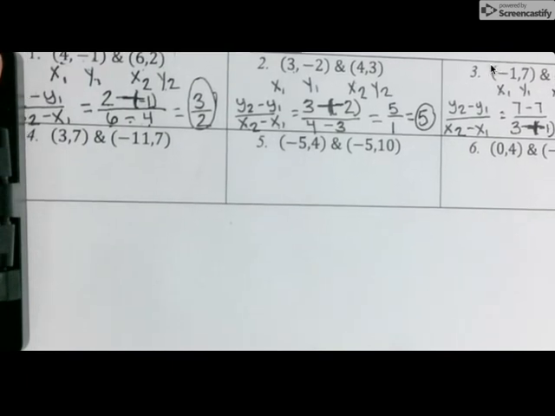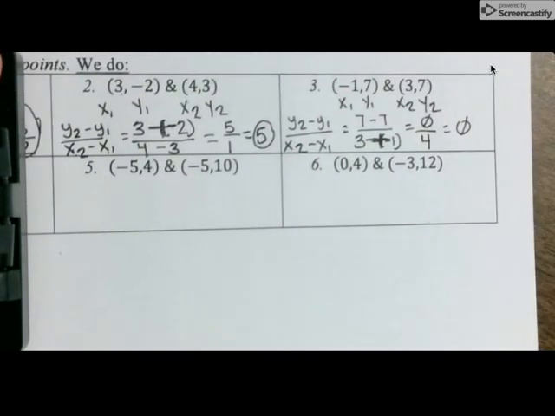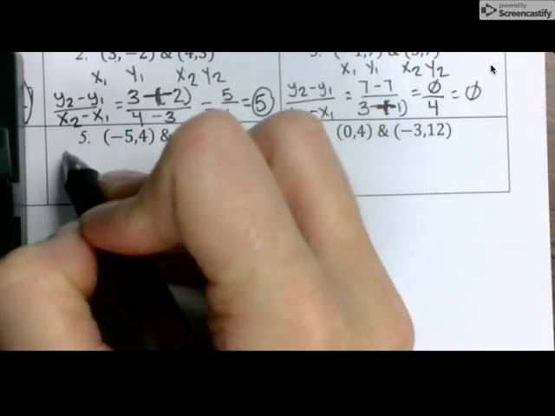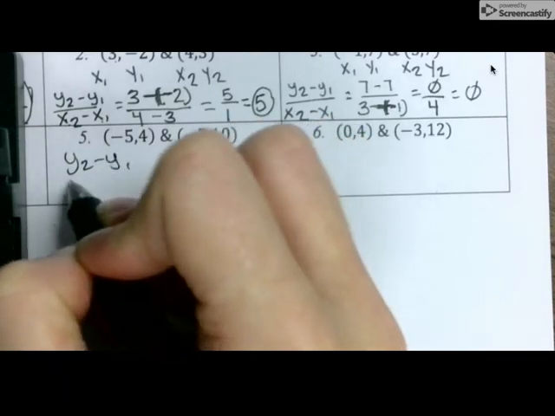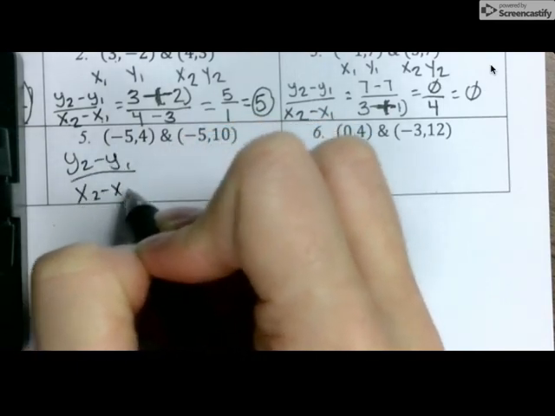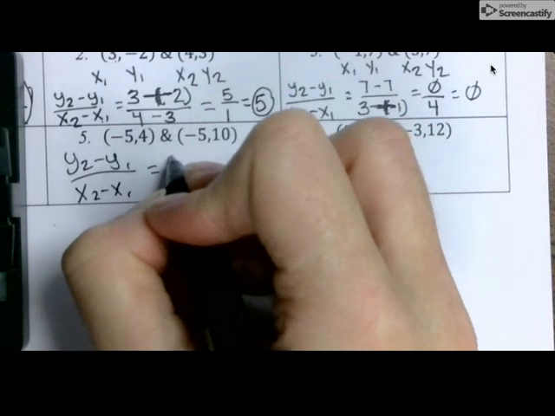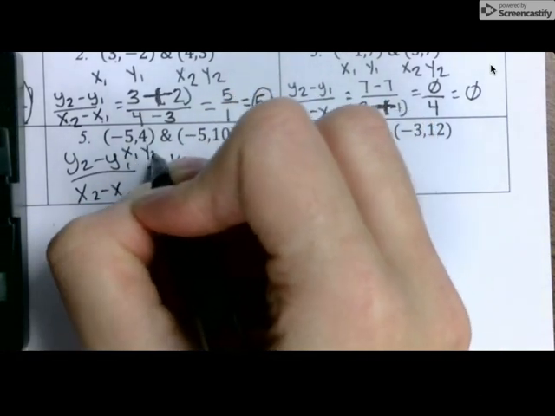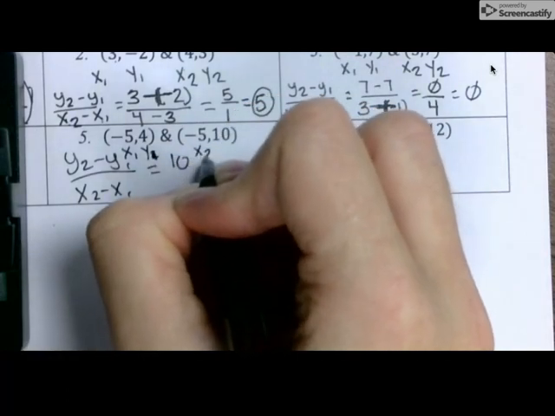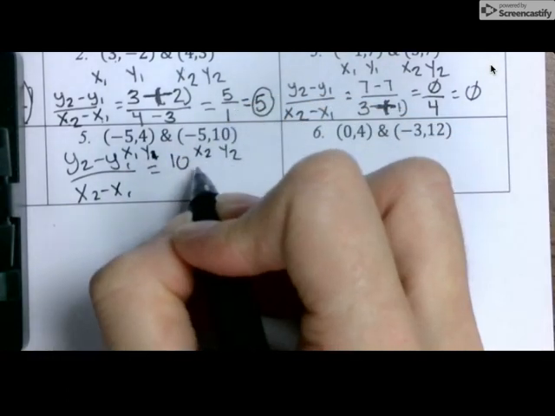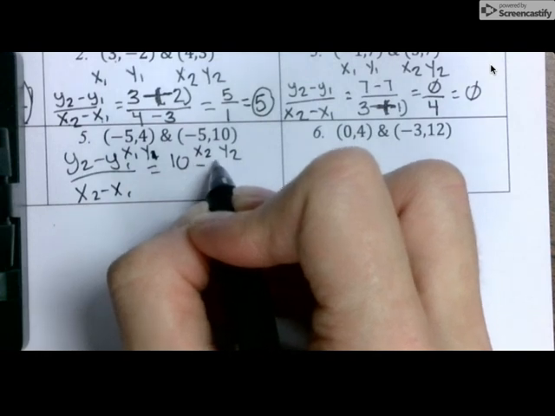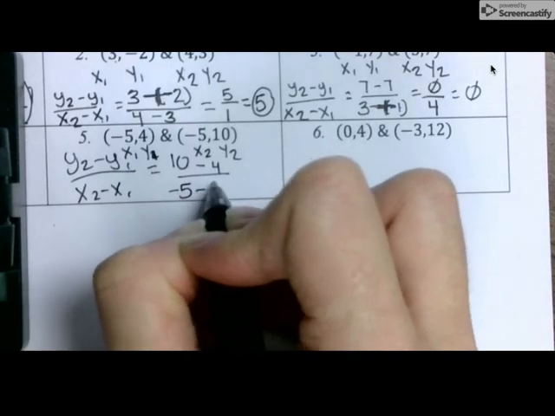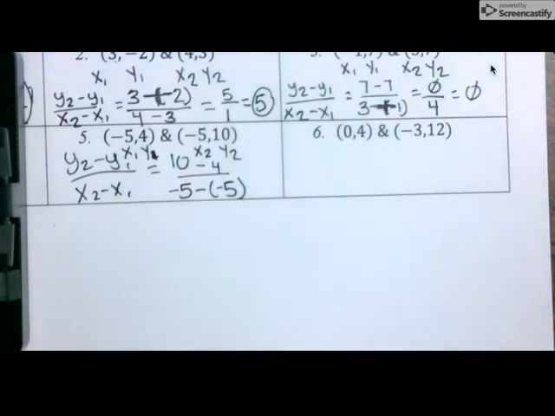Let's skip 4 and look at 5. y2 minus y1 over x2 minus x1. In place of y2, I would have 10. Oh, I forgot to label my points. Thank you to whoever told me that. So I have 10 minus 4 on top, and I have negative 5 minus negative 5 on bottom.